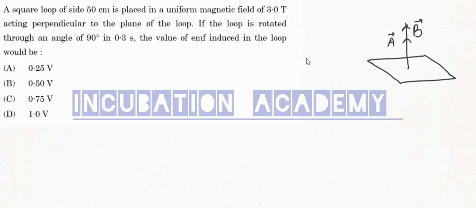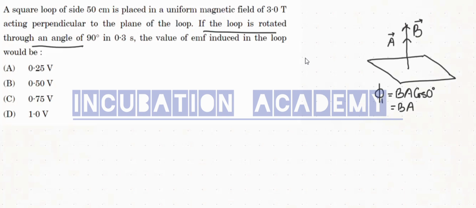To find the magnetic flux through it, phi 1 equals B into A multiplied by cos 0 degree, because the magnetic flux is BA cos theta. There is no angle between the magnetic field vector and the area vector, so it becomes simply BA.